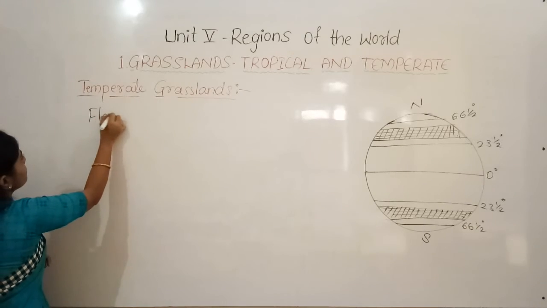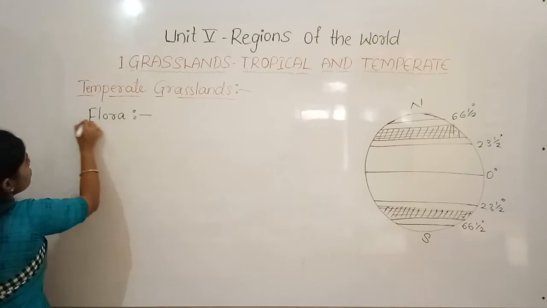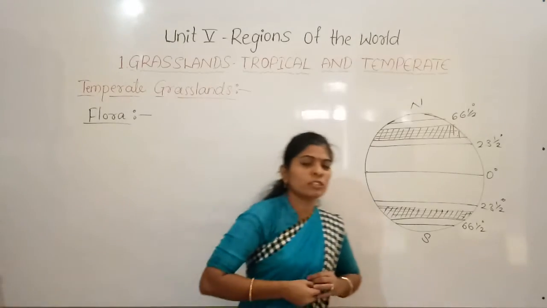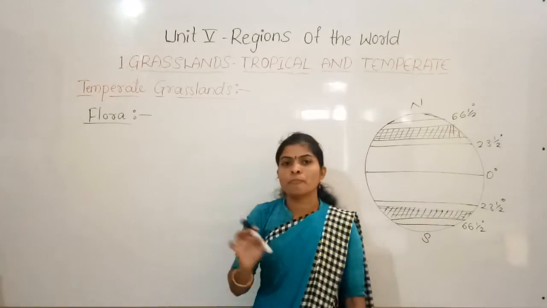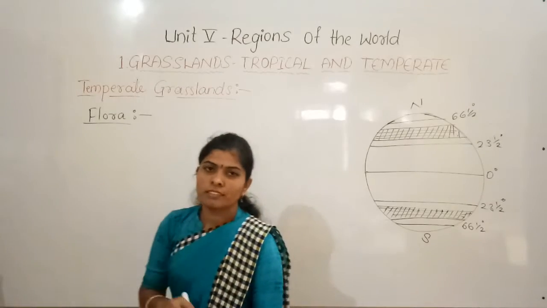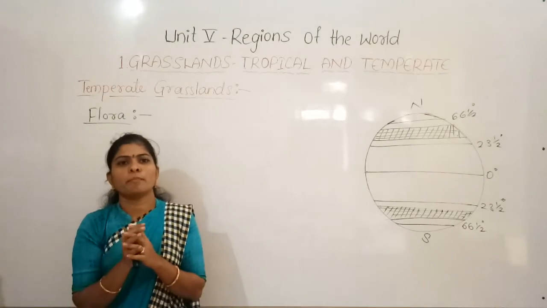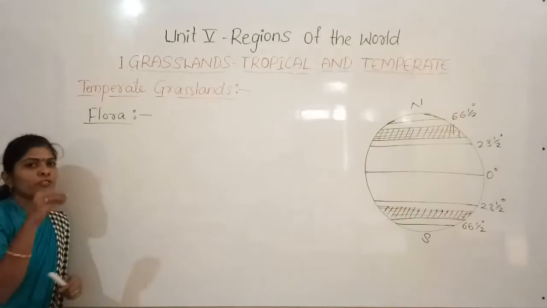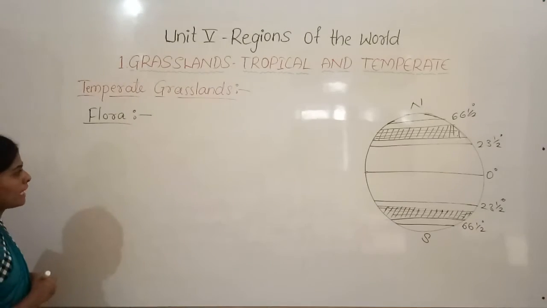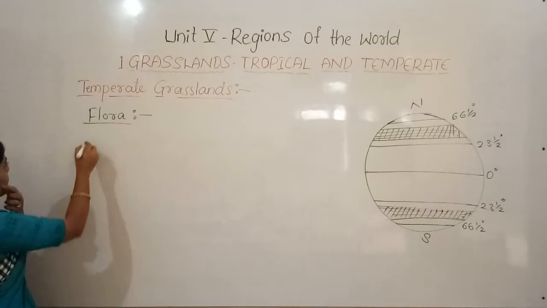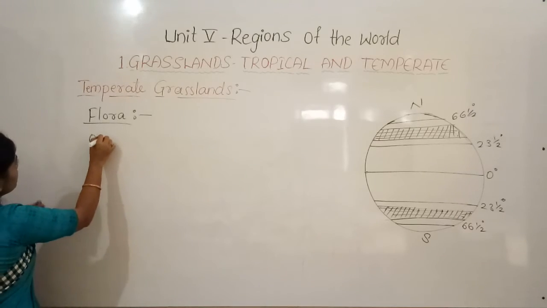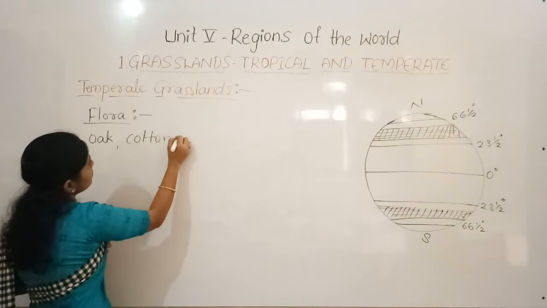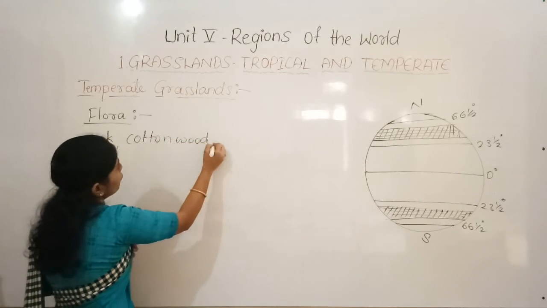Flora. So here in the temperate grasslands, mostly they are dominated by the grasses only. So the major plants will be the grasses only. But we can also see a few trees in the valleys. So they are the oak, cottonwood and willows.